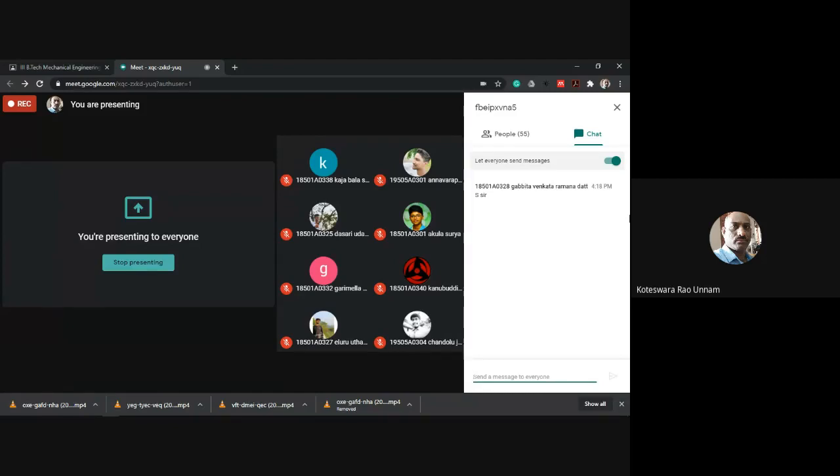Then you have eccentrically loaded structural joints. In that case, again there is some terminology. F, capital F, is the applied eccentric load, which is expressed in newtons. Fp, capital F suffix P, is the induced primary load, which is expressed in newtons. Similarly, Fs is the induced secondary load, and R is nothing but the resultant of Fp and Fs.